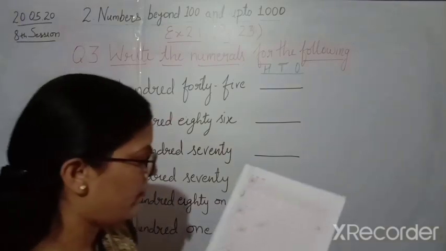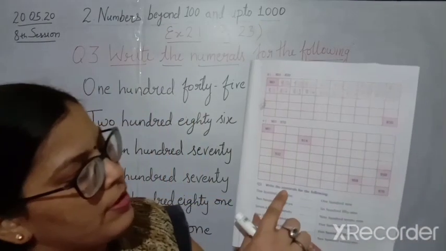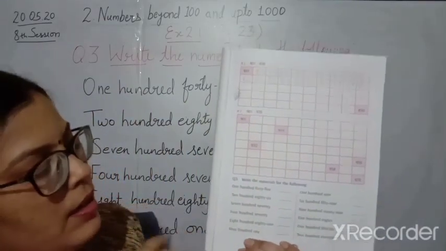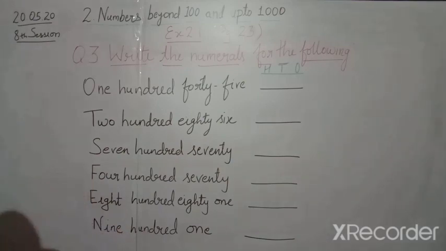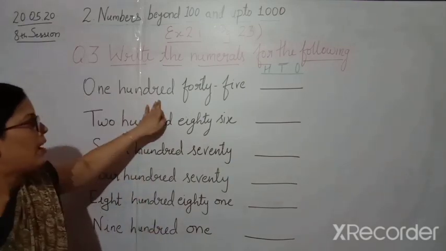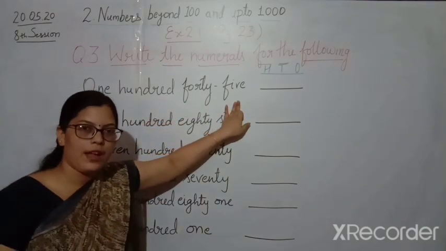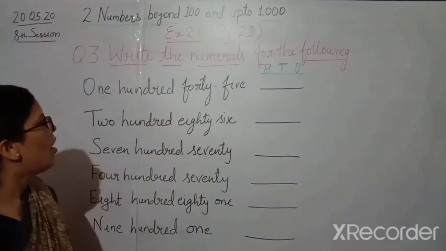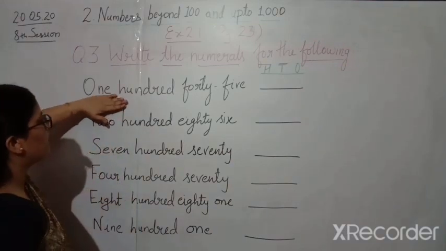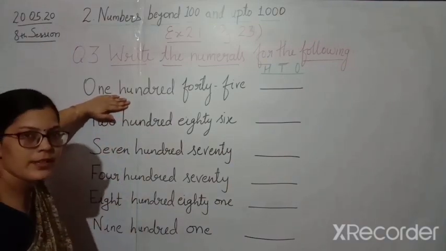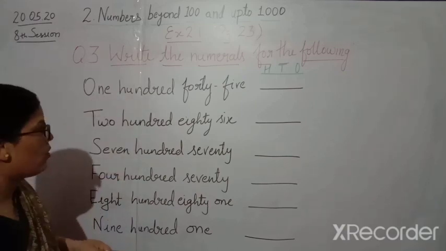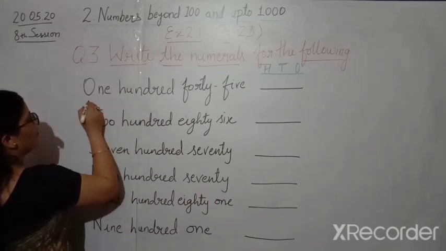Our next question is write the numerals for the following. First we'll do this first side. Questions are written on the board. First question is 145. How will we write the number for it? See the number name first. What is written here? 100. What is at the hundreds place? 1.